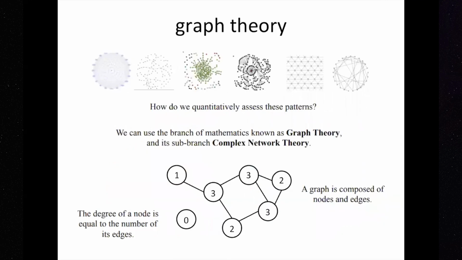And here you already see a toy example of a graph, and that's it. A graph is nothing more. A graph is always composed of nodes and also of edges. The edges are the little lines which connect the nodes, and the nodes obviously here are the dots, right? And I already put in some really basic property of such a graph, which is the degree of a node. The degree of a node is equal to the number of its edges.